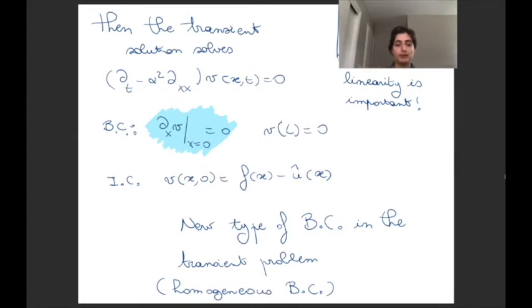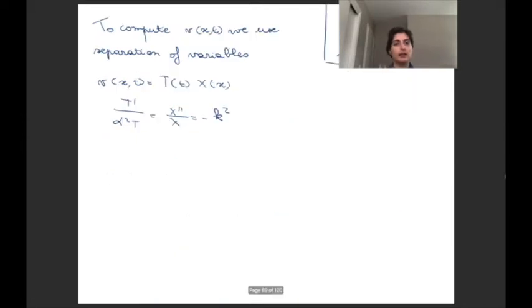The new boundary condition that we introduced in the PDE comes also to the transient solution. And for the transient solution, we can again use separation of variables, retrieving the same form as we did before.